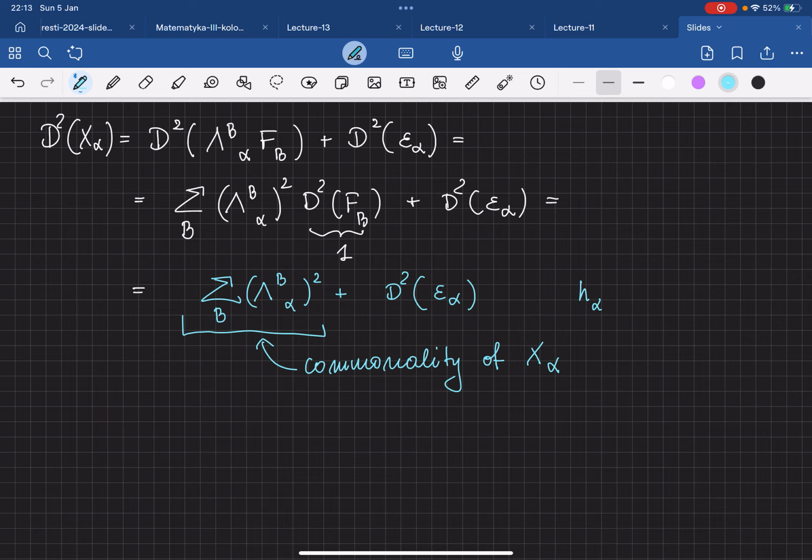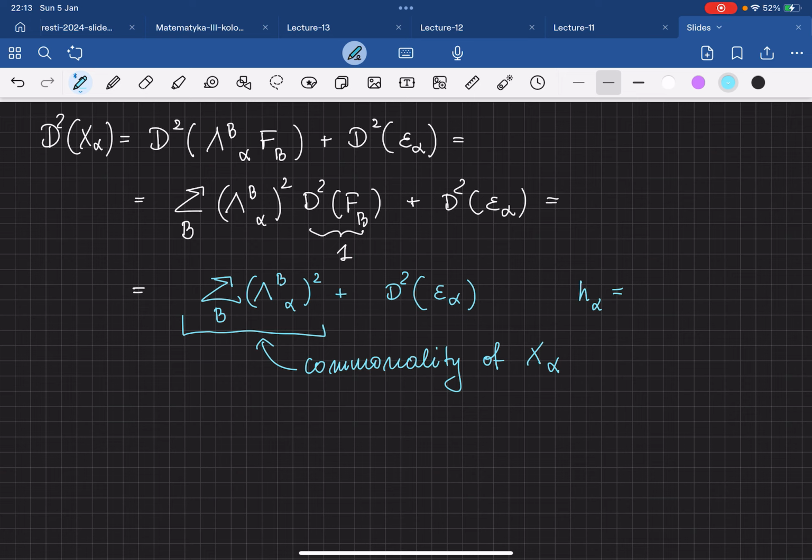If we didn't standardize our variables x_alpha from the very beginning, then to measure the performance of the test, we have to somehow normalize this commonality, and then we use this commonality as a percentage of the total variance of variable x_alpha.